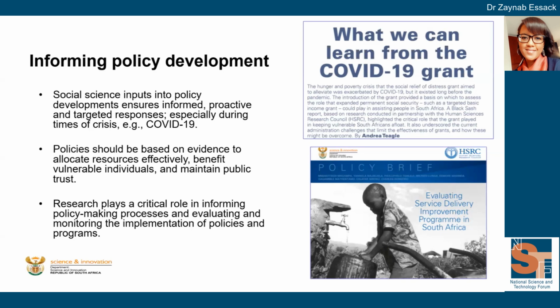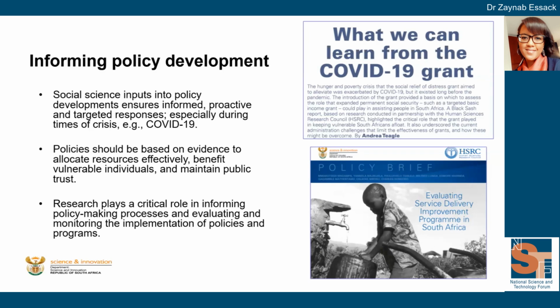We also want to make sure that the policies that we make recommendations on, that we analyze, are evidence informed, and that they use the resources that are allocated to them effectively in order to benefit the most vulnerable populations and maintain public trust.